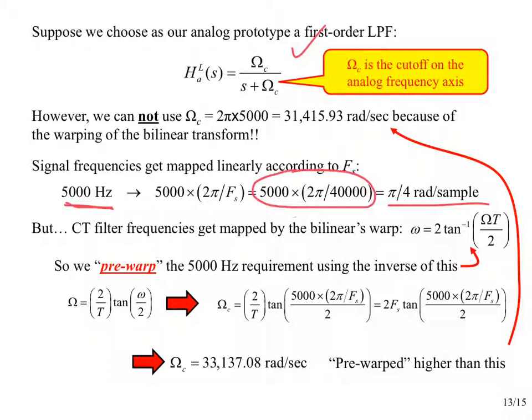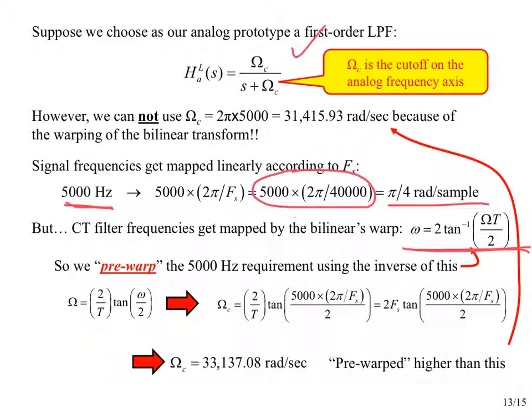If we want to map that to the right frequency, we would use this mapping. But what we want to do is reverse that. We want to pre-warp. We want to move 5,000 hertz out a little bit farther. So we take the inverse of this bilinear warp and map things back out.